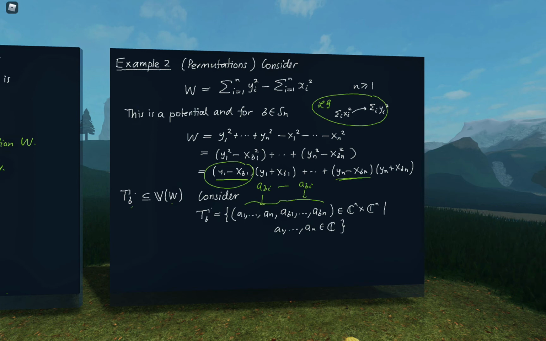So W will vanish on all of those points, and that's for each sigma. And that set is literally the graph, right? So this is the graph of the function from Cn to Cn which actually does that permutation.